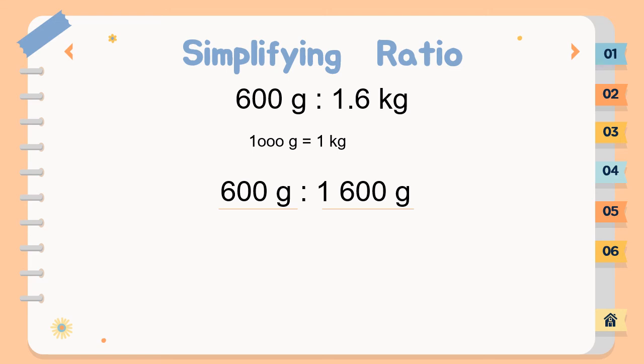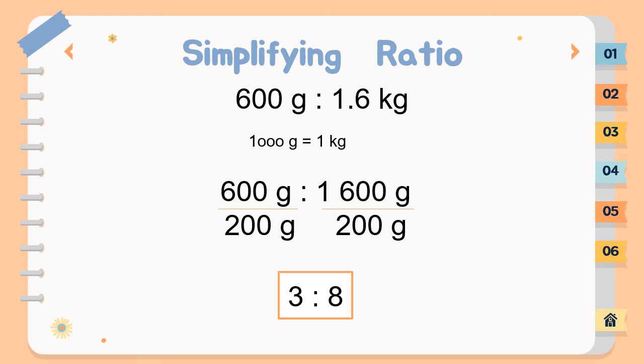Divide both sides by 200, since the common factor of 600 and 1,600 is 200. So 600 divided by 200 is 3, and 1,600 divided by 200 is 8. Therefore, for 600 grams to 1.6 kilograms, the ratio is 3 is to 8.